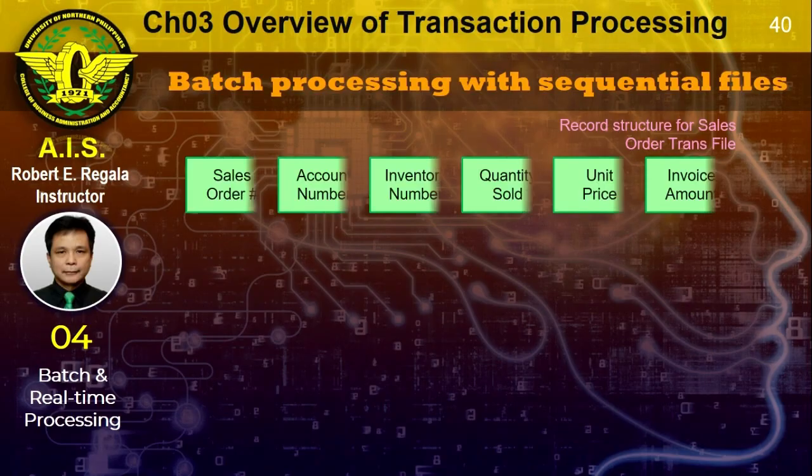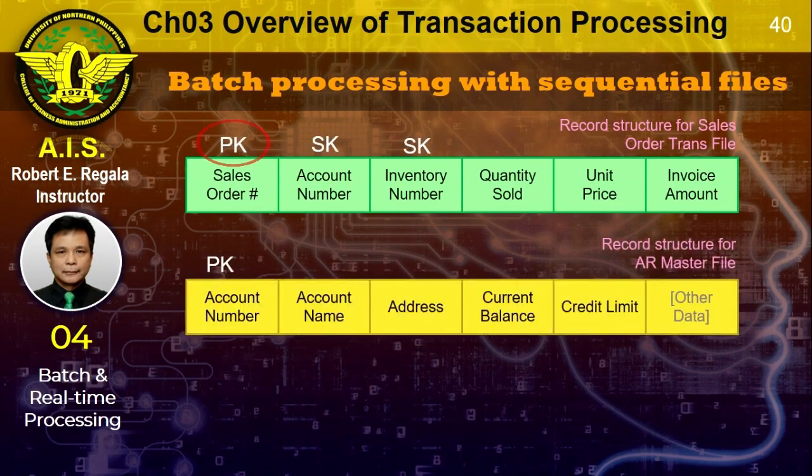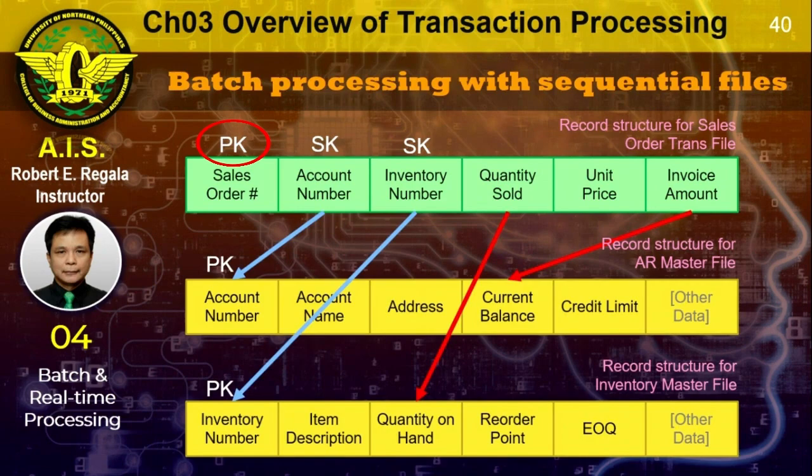Notice that the record structure for the sales order file contains a primary key, or PK, a unique identifier, in this case the sales order number, and two secondary keys, SK fields, account number and inventory number.